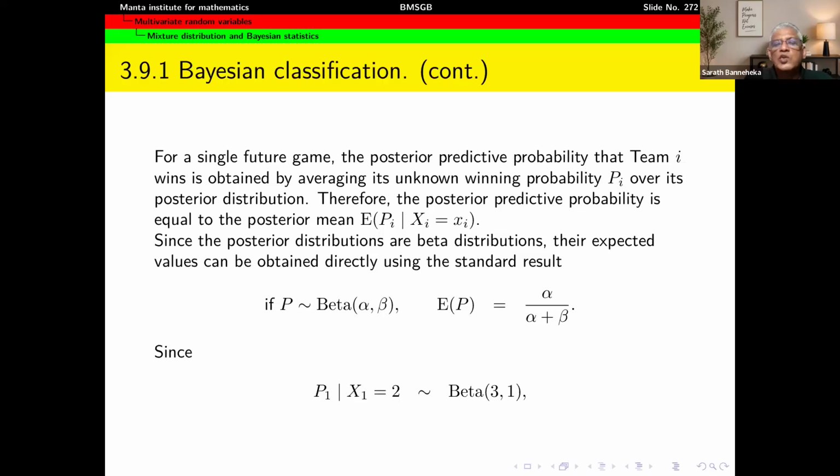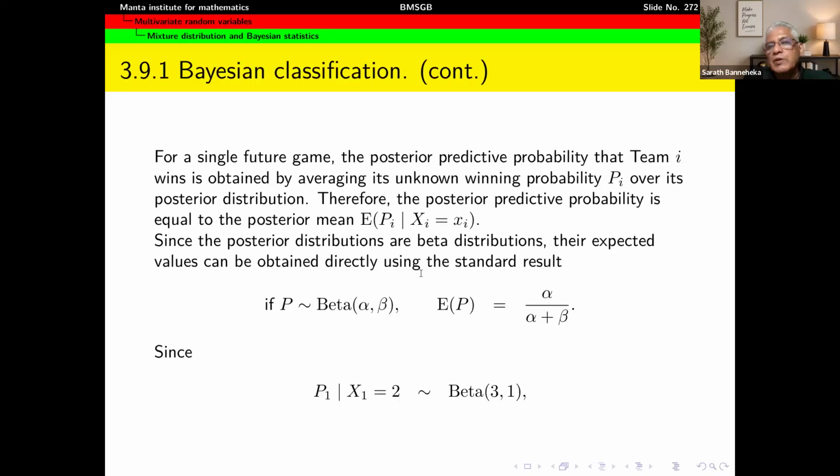Therefore, the posterior predictive probability is equal to the posterior mean of Pi given xi. For each team, we have the posterior distributions of P1 and P2, and we know both of them are beta distributions.